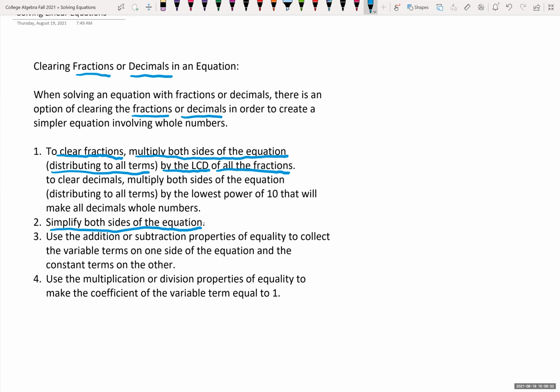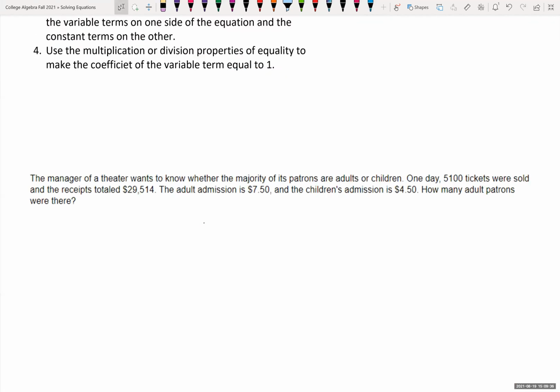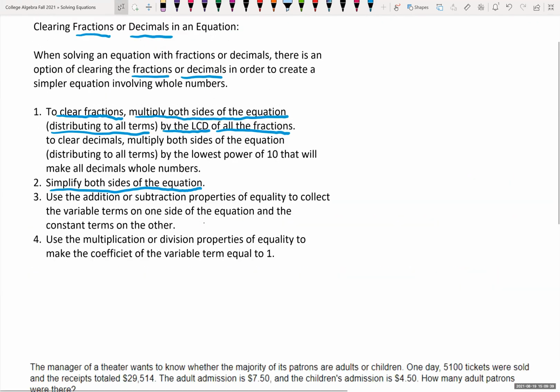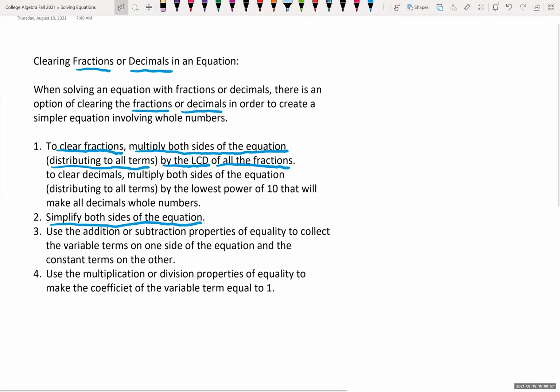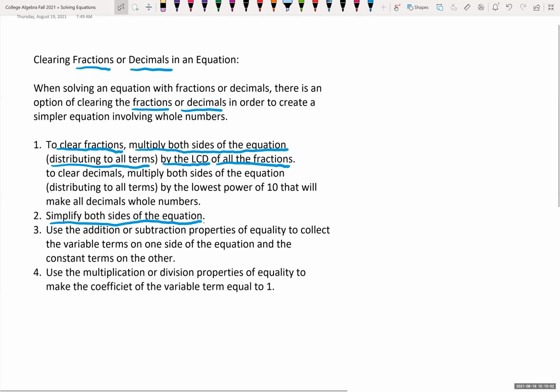Once both sides of the equation were simplified, we used the addition or subtraction method to move the variable terms to one side and all the terms that didn't have variables on the other side. And then we got rid of the coefficient, the number in front of our variable, by dividing both sides by that coefficient. But if we had fractions, it was easier to think of it as multiplying by the reciprocal. Okay.